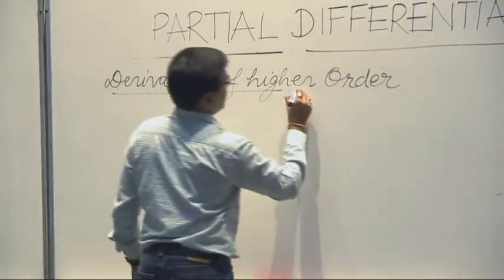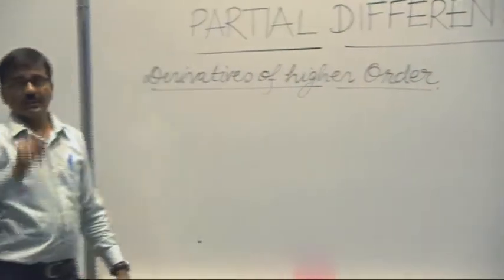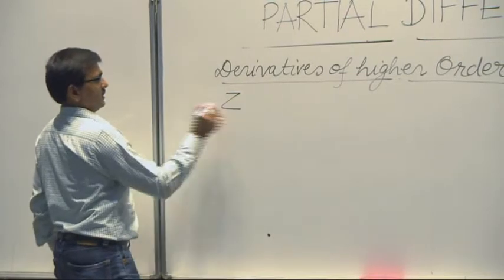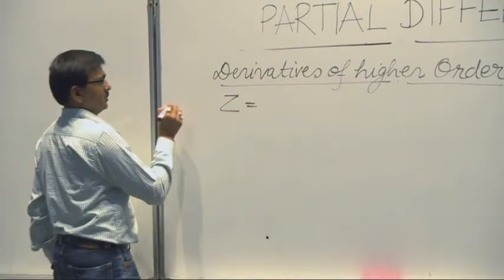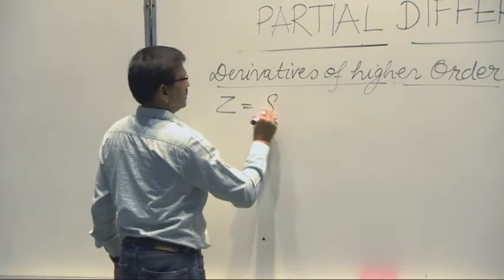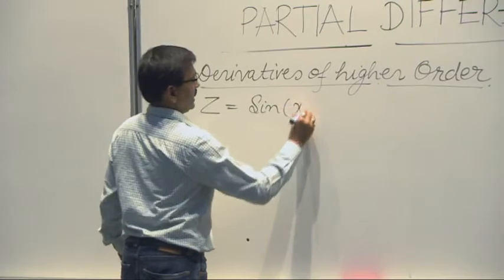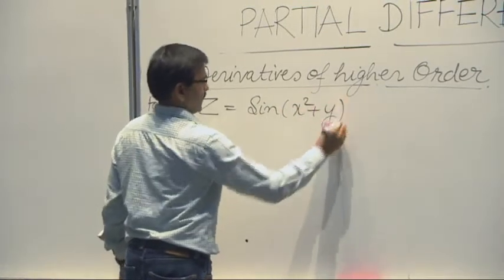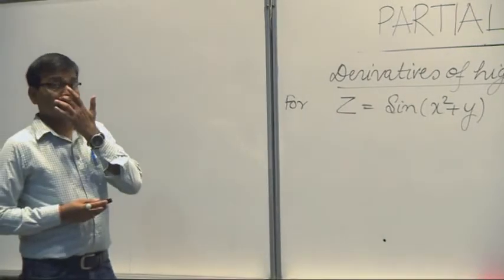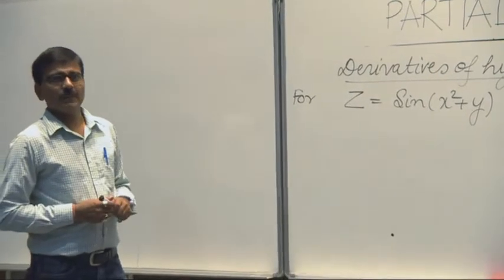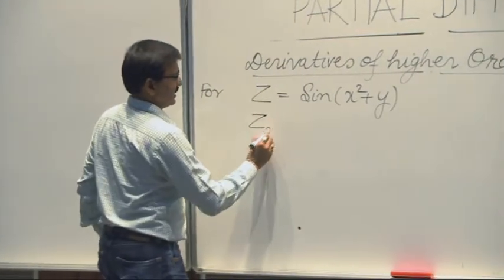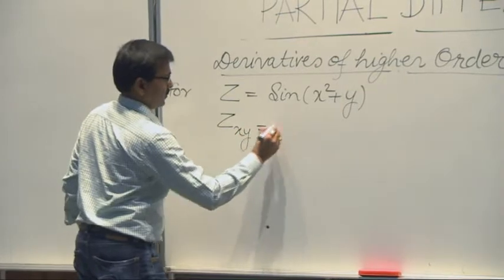Taking the same example, the example was z is equal to sin of x square plus y, or instead of sin you can take cos, anything. Now we have to find out zxy.